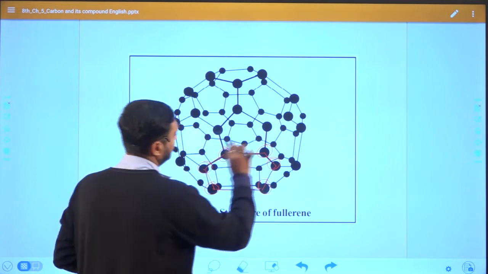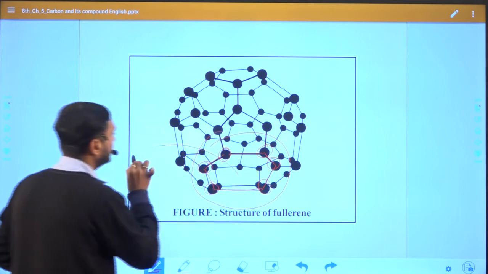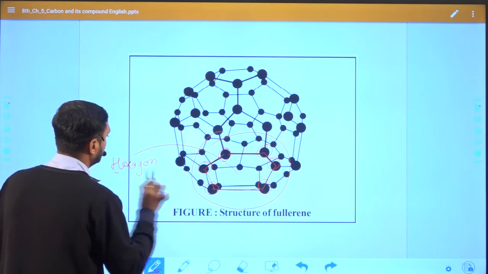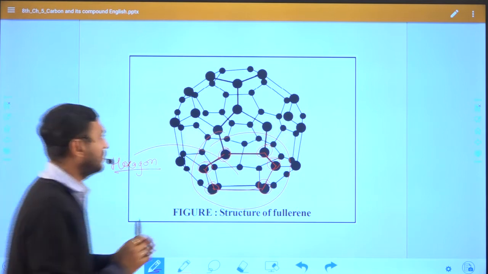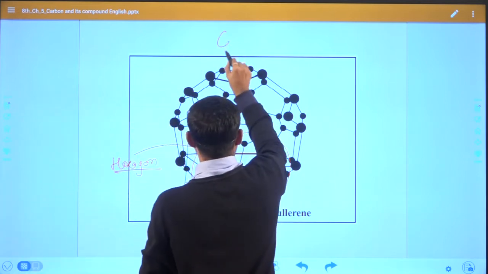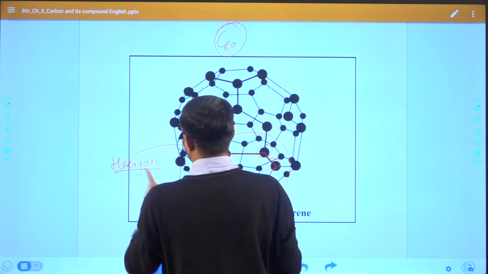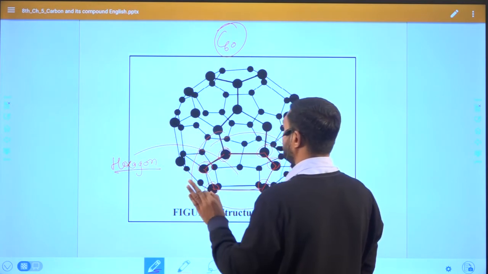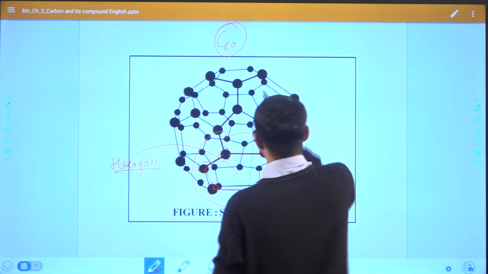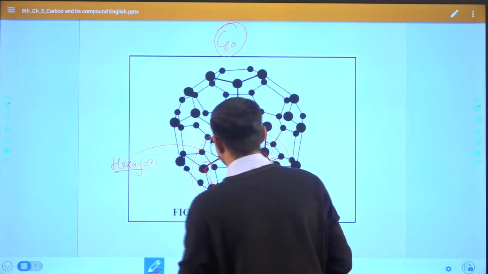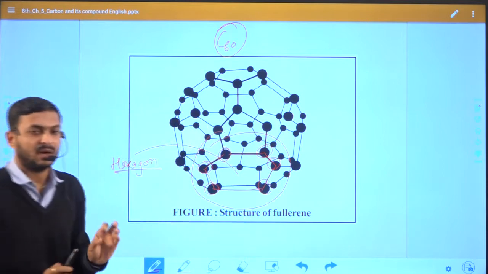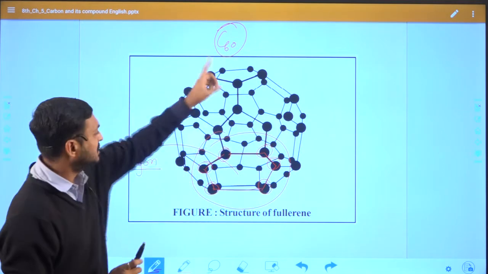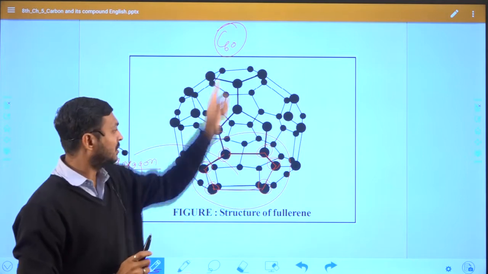So if we consider it, it is known as a hexagon ring. Right? So the fullerene C60 structure is made from pentagon rings as well as hexagon rings. How many pentagon rings are present? That is 12, and hexagon rings, that is 20. And this is how the structure of C60 fullerene is made. And you can see, this is the structure of fullerene.